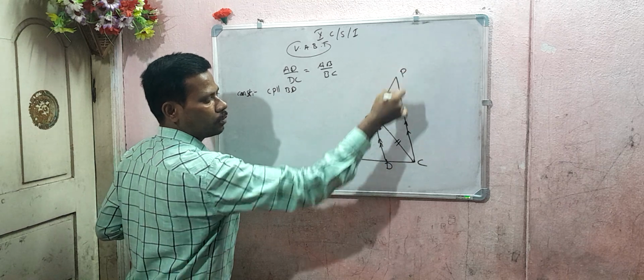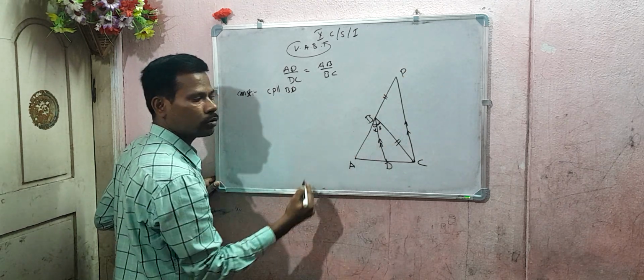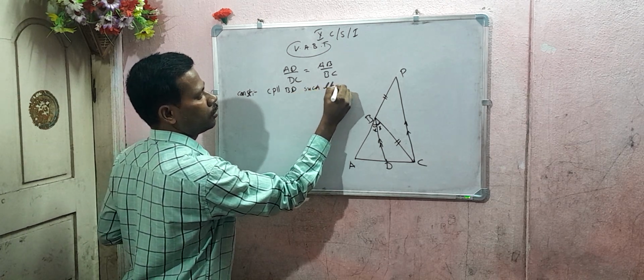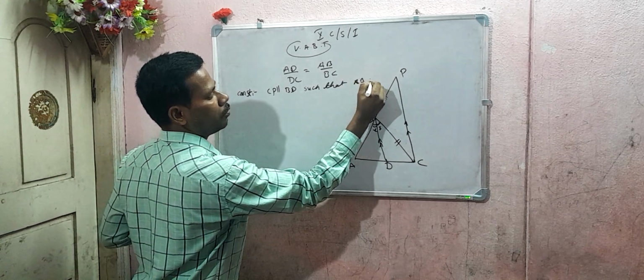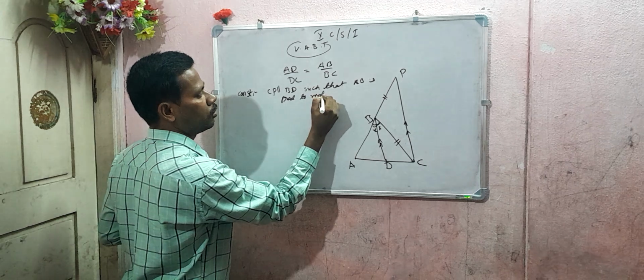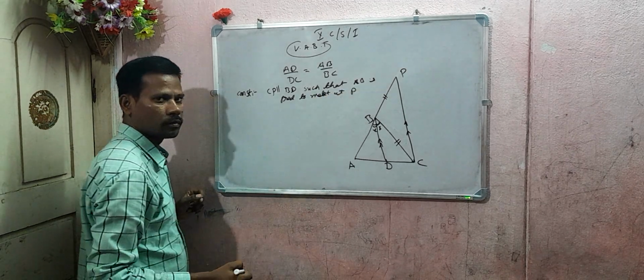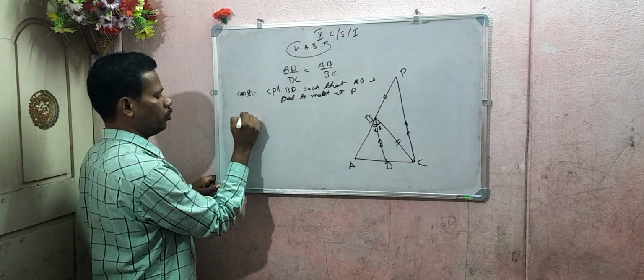Draw CP parallel to DB such that BA is produced to meet at P. Right? Next, proof.